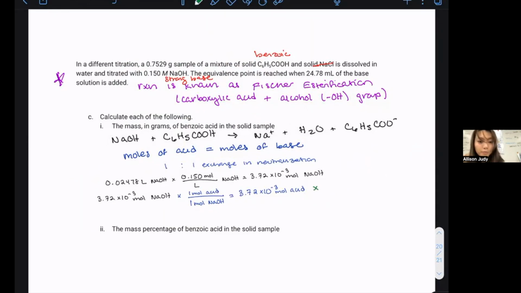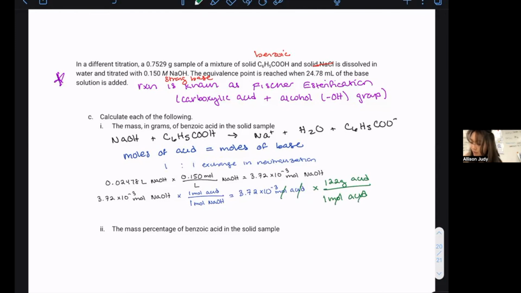And the molar mass of benzoic acid is around 122 grams. I'm just going to make my life easy and write acid instead of the entire compound, per 1 mole, making sure, of course, that my units cancel so I know that I set this up well and I'm left with the units of grams of acid.